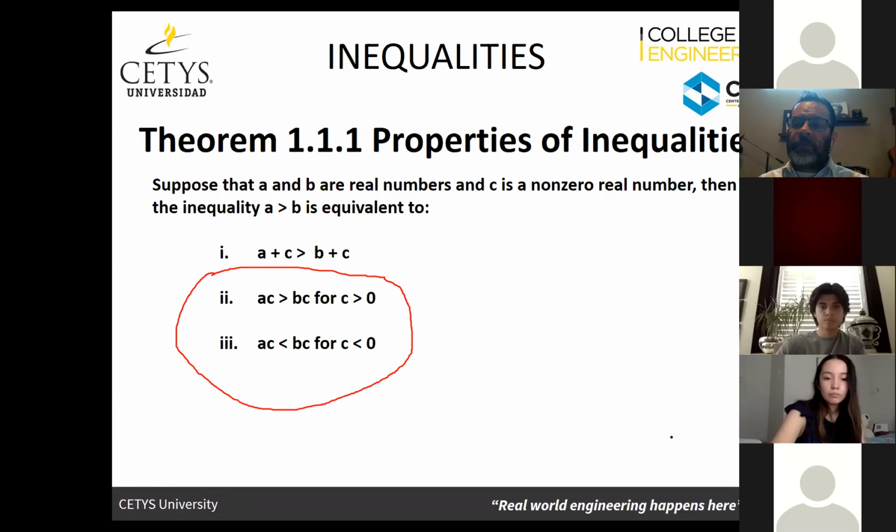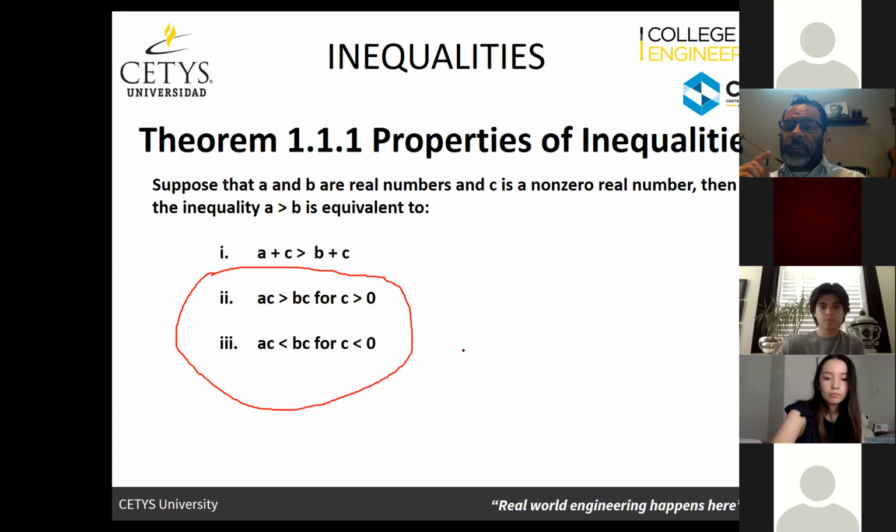Estrella, correct, thank you very much. But in what situations do we change the sign, or the symbol? If the sign is negative... Correct. Yes. So if we are multiplying or dividing, thank you, Estrella, very good.